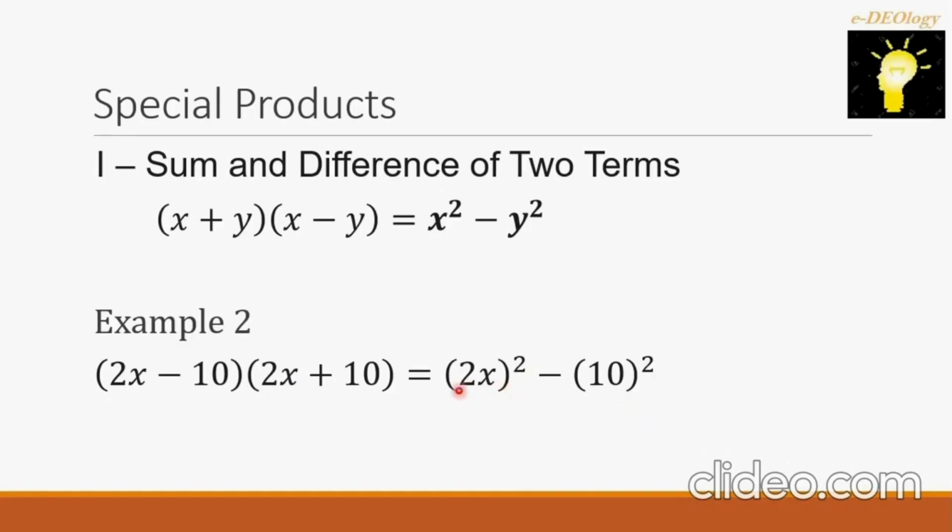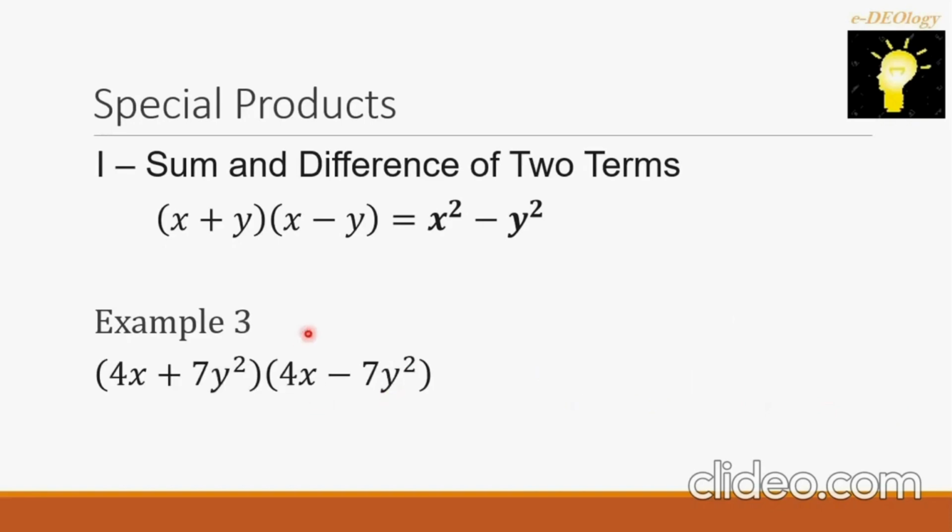So the 2x all raised to 2 becomes 4x squared. Then minus the 10 squared is 100. So this is our final answer. Example 3, 4x plus 7y squared multiplied by 4x minus 7y squared.